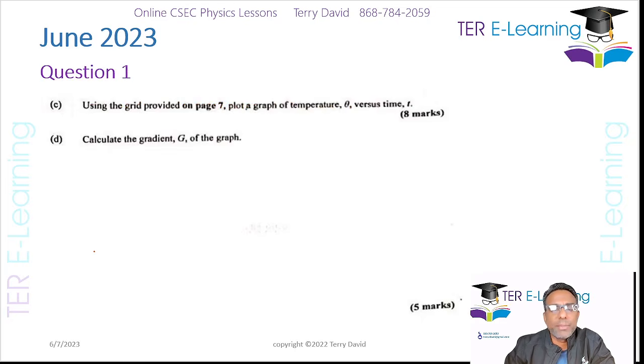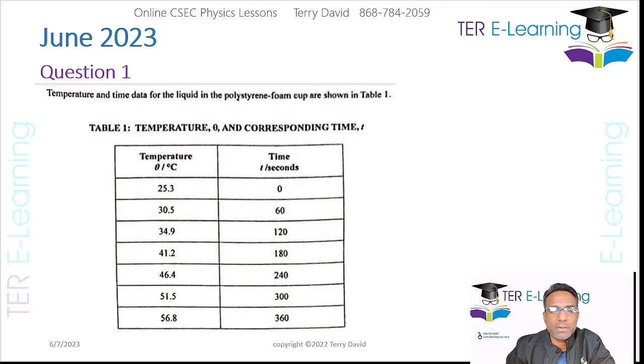Use the grid provided on page 7 to plot a graph of temperature versus time, right? So for 8 marks, we have to draw a graph, and we have to use the data that they gave us here, right? Let me pull this table across.